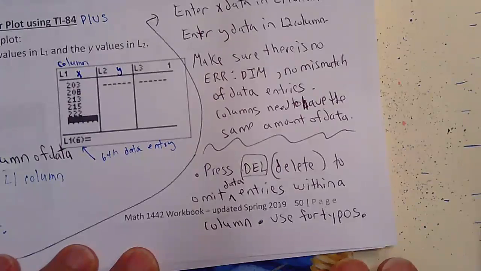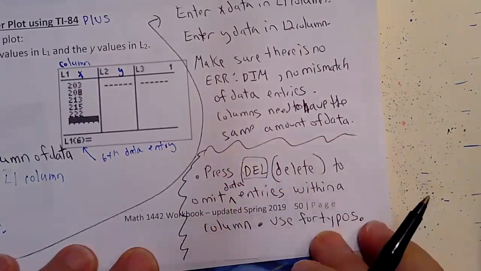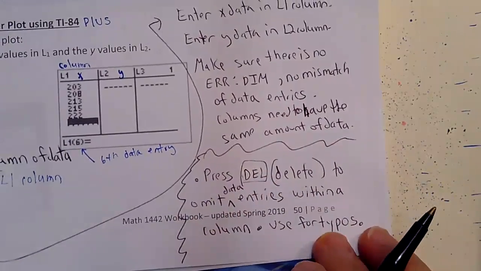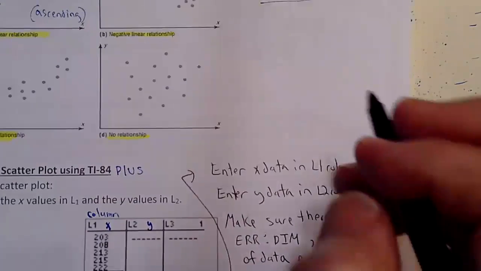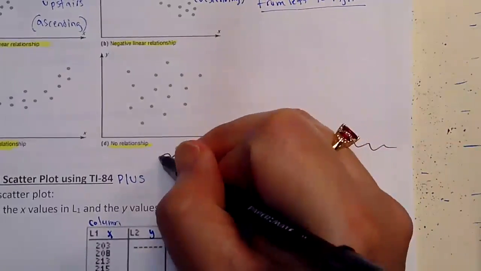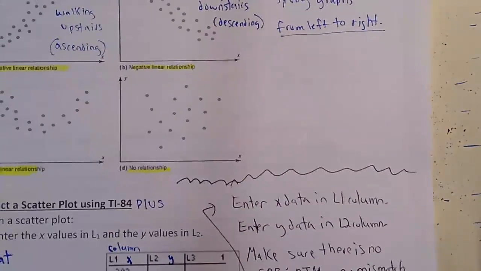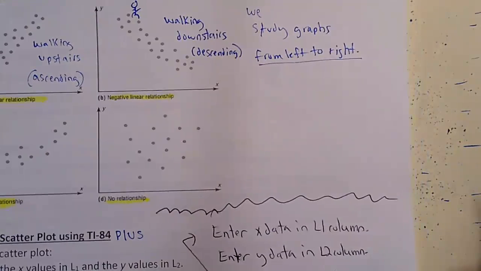The other thing I can write, let me come up here to the top. The other thing I'm going to put is the thing about reinstating, in case you accidentally deleted a column.